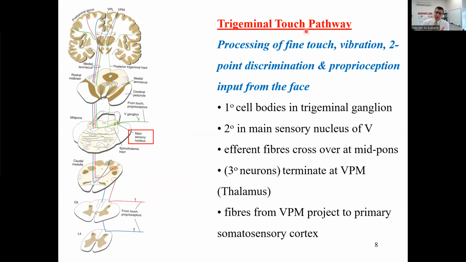Because it's a sensory pathway, there should be three levels of neurons: first, second, and third order neuron, as we learned previously. The first order neuron's cell body should be in the trigeminal ganglion. Remember, for DCML it is the dorsal root ganglion. This one is the trigeminal ganglion. The first order neuron enters via the trigeminal nerve at the level of the mid-pons.